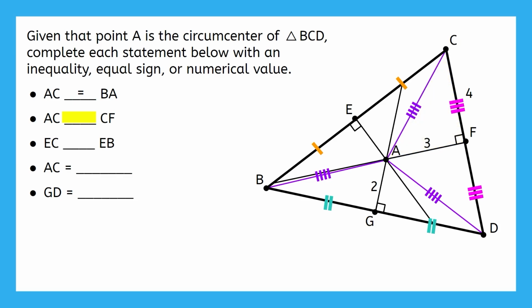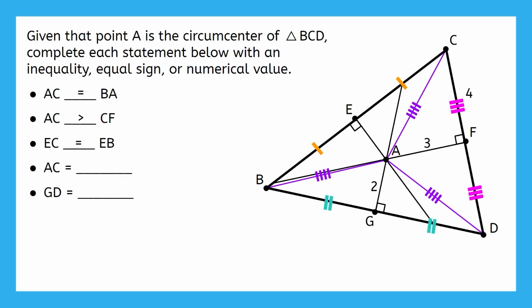Well, since it's a right triangle, we know that the hypotenuse will be the longest side, making AC longer than CF. Okay, now let's check out EC and EB. We actually marked those as congruent earlier, since that side of the triangle was bisected at point E. Therefore, we can say their lengths are equal.